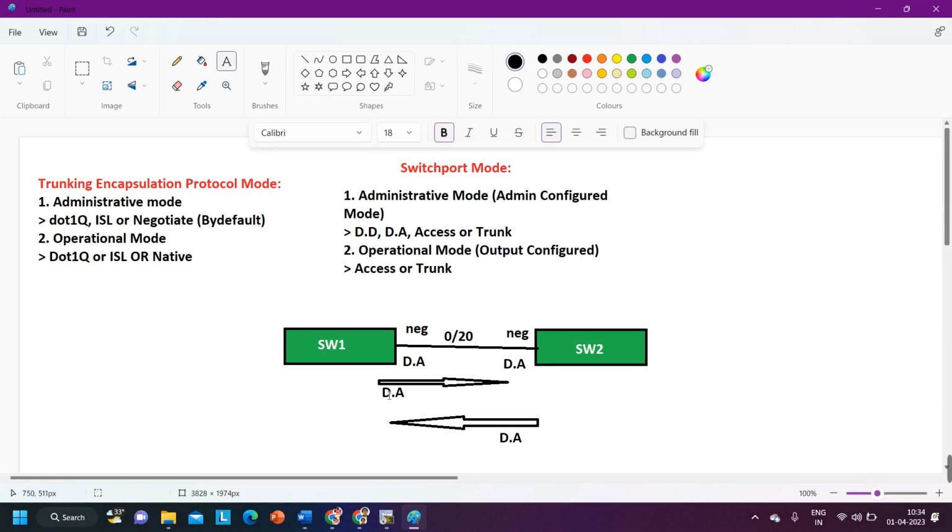In the DTP message, what will switch 1 send? Its administrative mode and its administrative trunking encapsulation mode, that is negotiate. So both are saying that I am waiting. Both switches are waiting for negotiation, yes, for initiation of trunking. So here also it is negotiate.